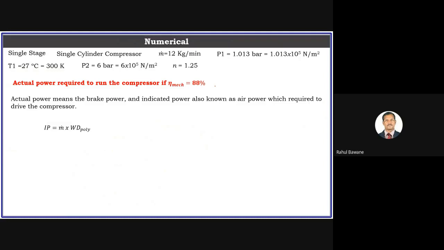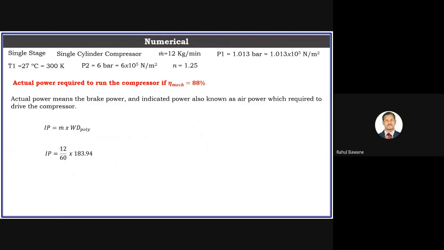But here they don't provide any electric motor inputs. Indicated power is the power actually used to compress the air. How much air is taken in? It is 12 kg per minute. We convert 12 kg per minute to kg per second, so divide by 60.